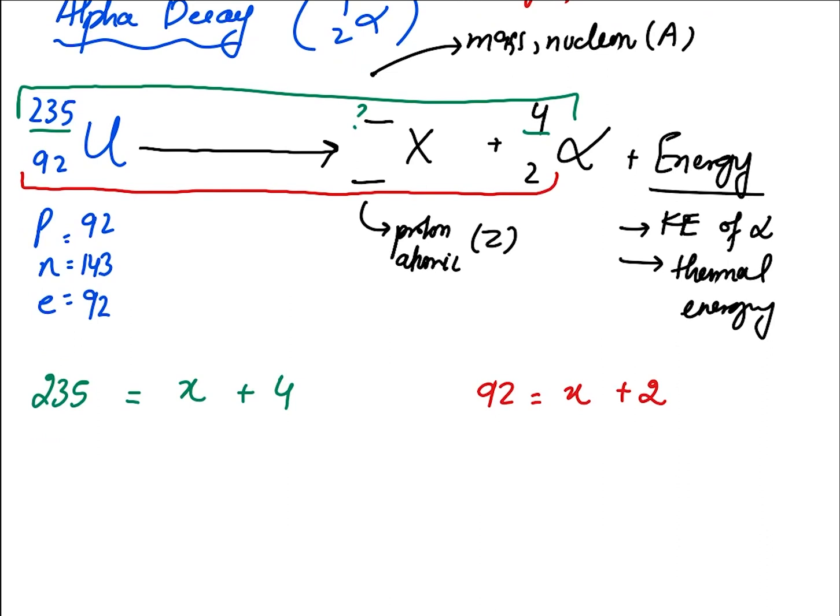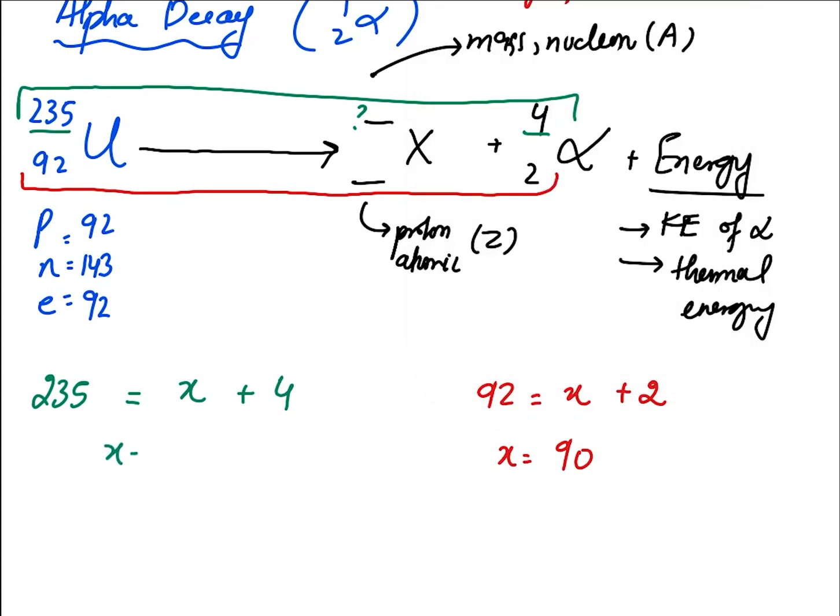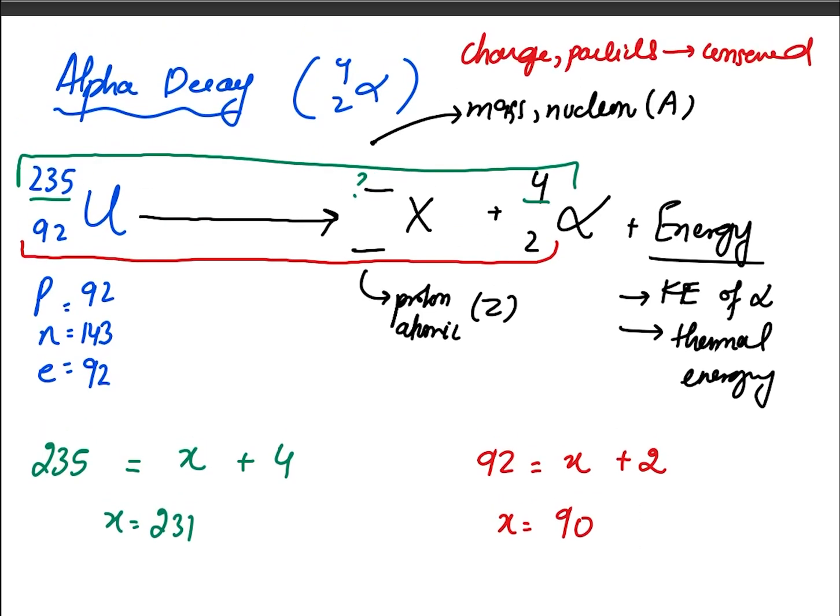So let's find out X in this place. That is going to be 90. And over here, it's going to be X equals 231. Let's replace them back into the system. So this is 231 on the upper part, and on the lower one, this is going to be 90.